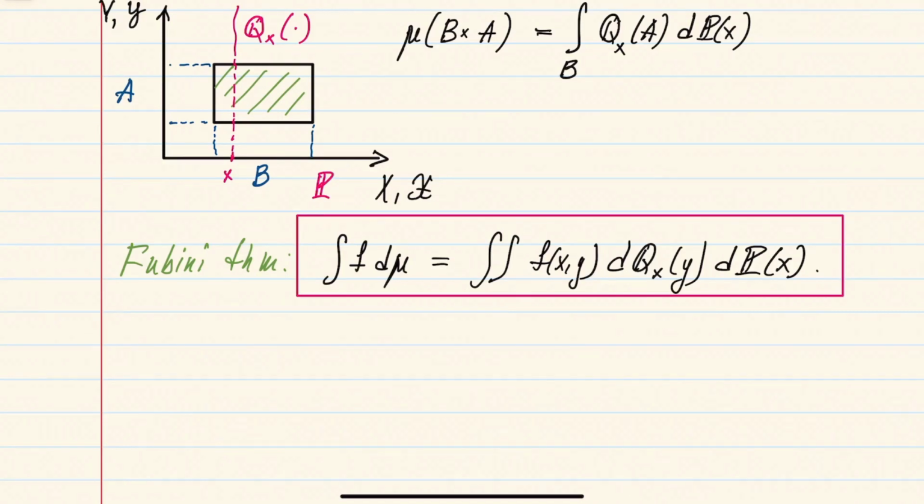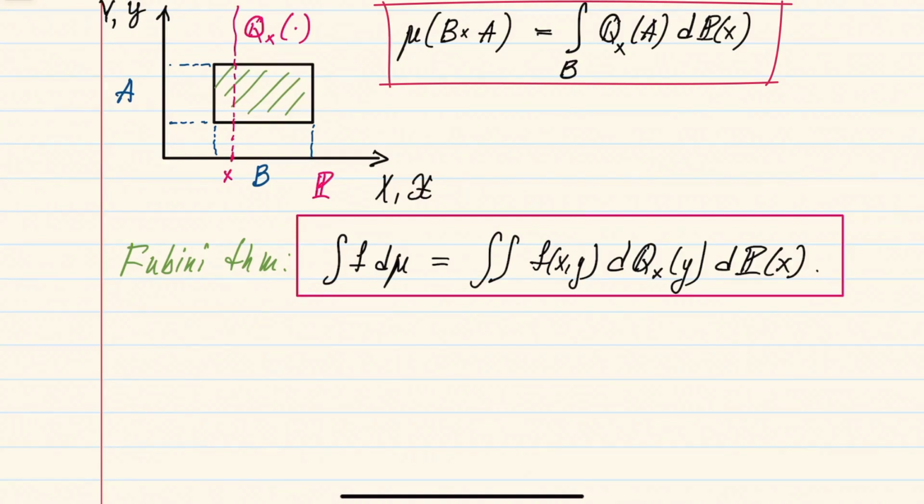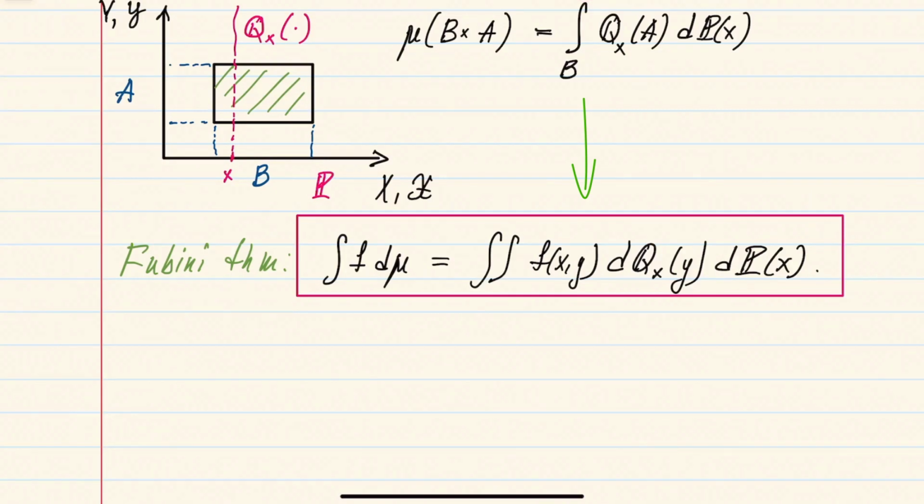I'm not going to go over any details of this particular generalization or construction, and simply assume that once we define the measure on the measurable rectangles of the form b times a, then we know how to extend this to a measure on the whole product space, and then one can derive this generalization of the Fubini theorem. And so the main topic of this section is some sort of reverse of this statement that I described here, given this transition kernel.